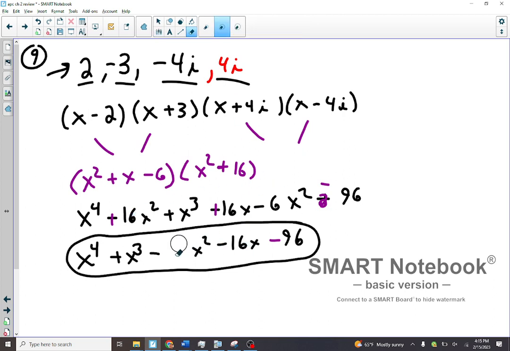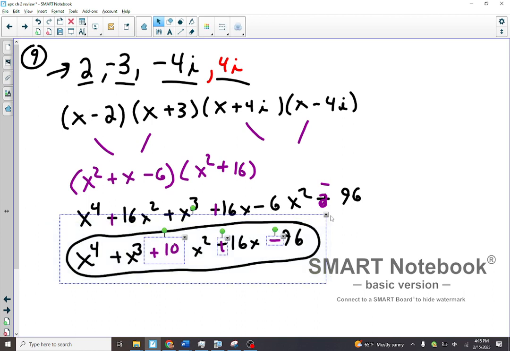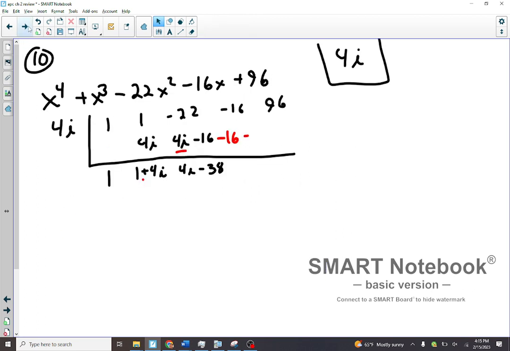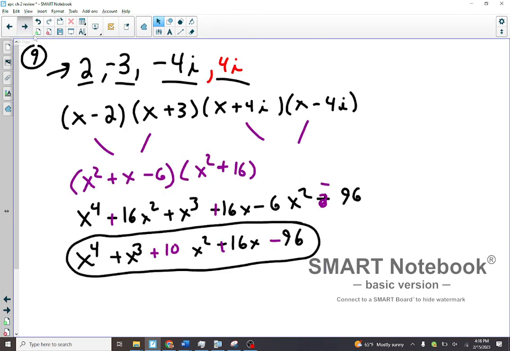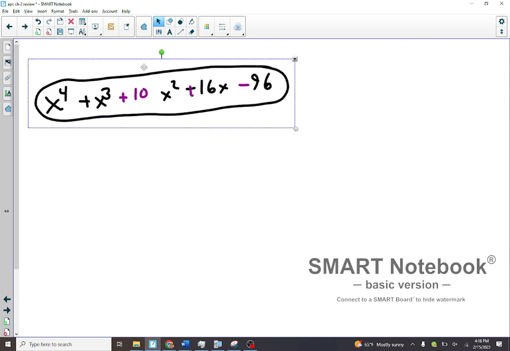Oh wait, positive 10 squared. And then this will be a positive 16. All right, what's going on? I messed up in the previous question, which means it messed up in the next question. I'm actually really trying. Sorry about that. So it should be this for that previous section.